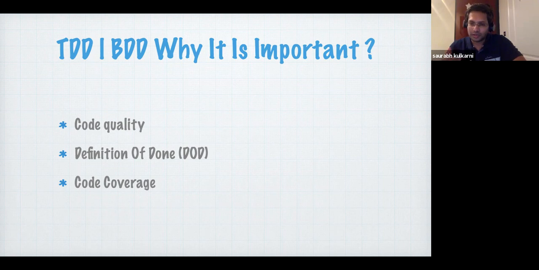Every user story being written today is written in a template which is suitable for BDD. And one of the requirements of the user story's definition of done is writing the test automation for that particular story. So definition of done is important.